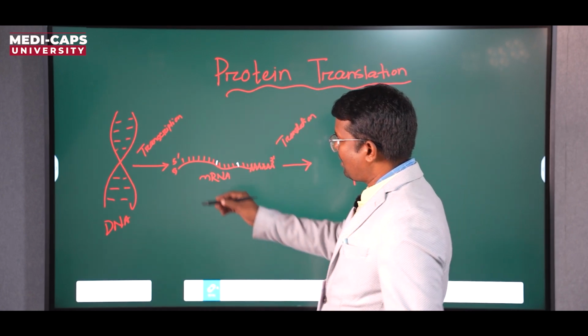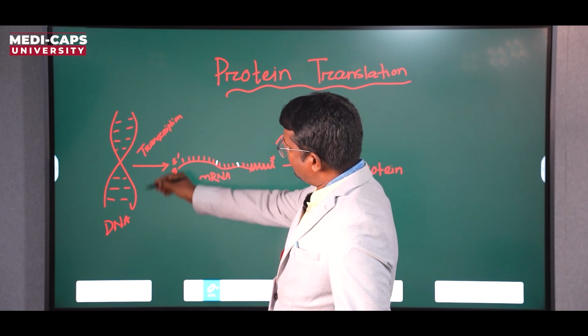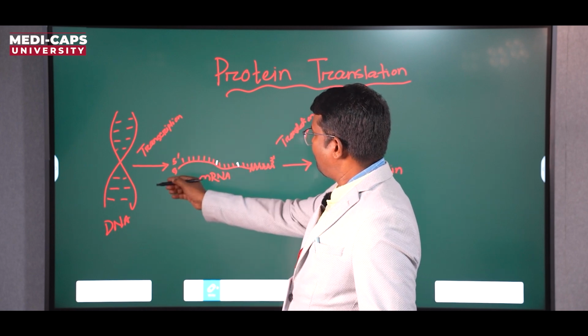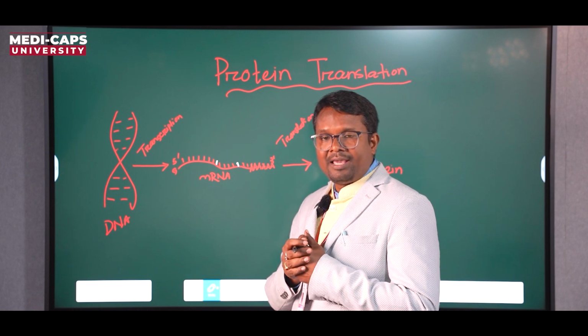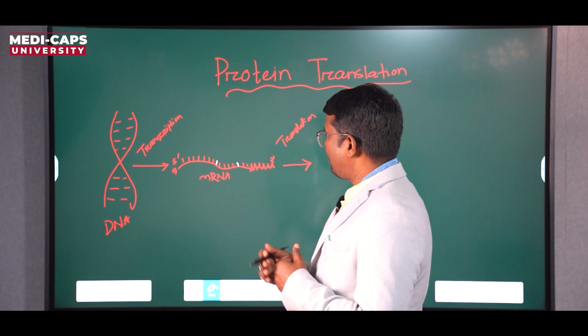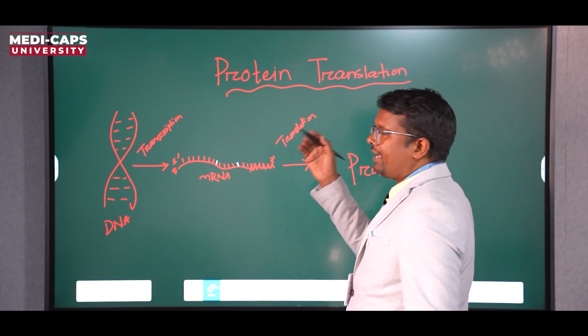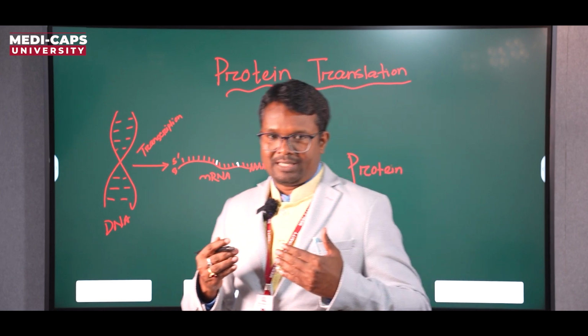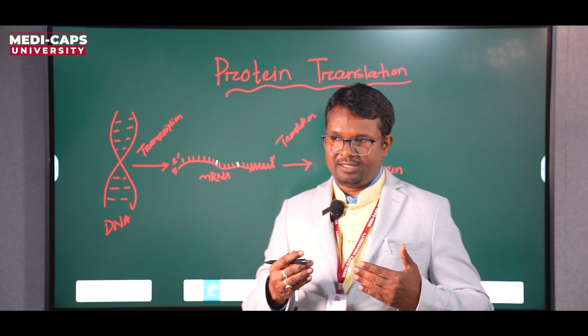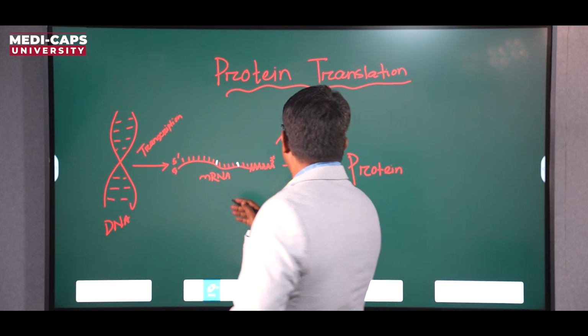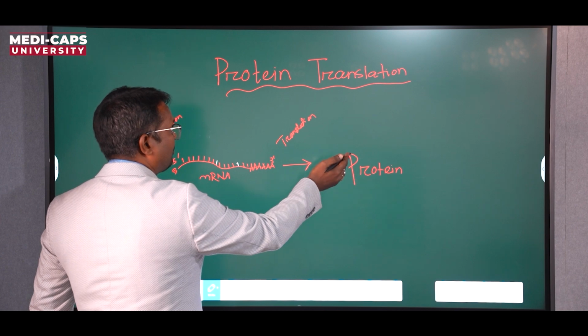You can see I have drawn a structure of DNA from where the mRNA is derived in the process of transcription, and that mRNA encodes all the message of a gene that will be translated into the protein.